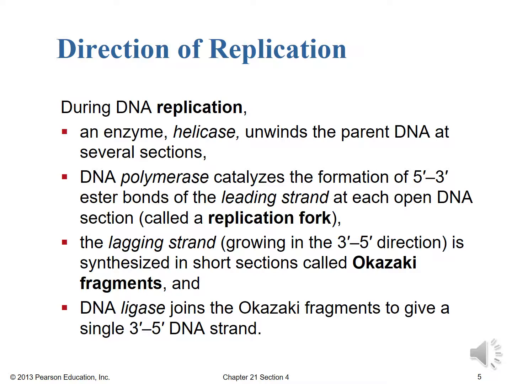The lagging strand, now growing in the 3' to 5' direction, is synthesized into shorter sections called Okazaki fragments, and the DNA ligase joins those Okazaki fragments to give a single 3', 5' strand. So there you have it, the direction of replication.